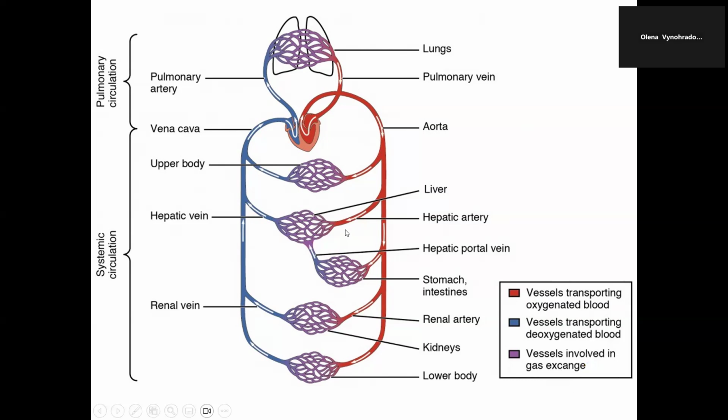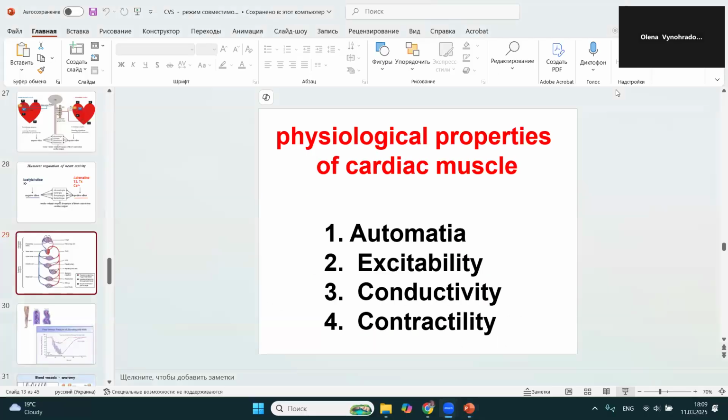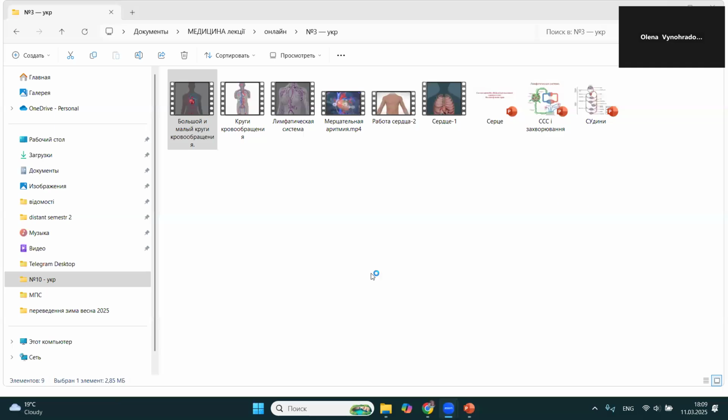One second, I would like to show you some video. I would like to remind you how our circulatory system works, the small and large circles of circulation.